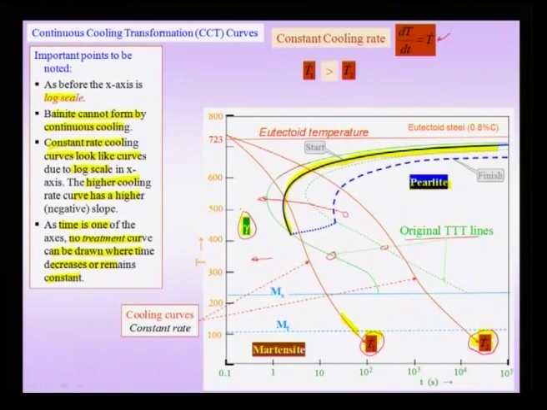So, when I cool my sample using a slow cooling rate like T2 dot, I start, of course, above 723 degrees as my austenite. Then on cooling, I obtain a final product which is pearlite.